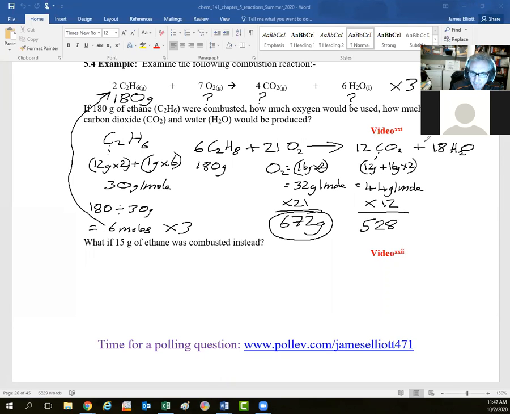For the water, 18 moles, again 1 gram for hydrogen times 2, 16 grams, whoops, back up, not multiplying, just add another 16 grams for that oxygen. So 1 mole of water is 18 grams per mole.